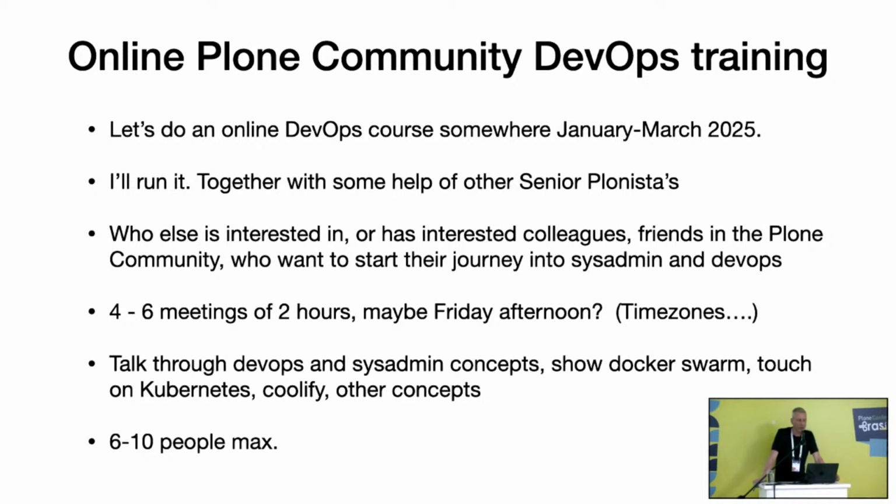Some of my colleagues already suggested that we should also do this for other subjects. If we find people interested, organize these small meetings, 4 to 5 to 6 meetings. The most difficult part will probably be time zones, finding the right people, and making sure that the video doesn't drop out all the time.